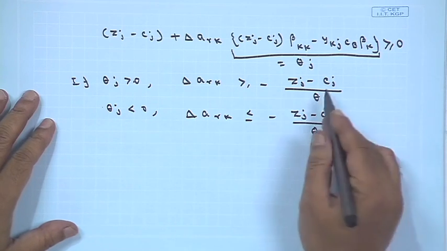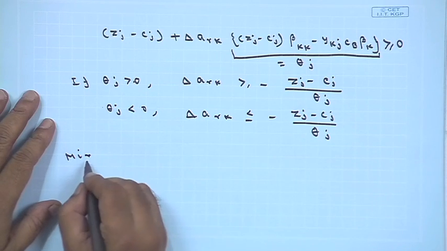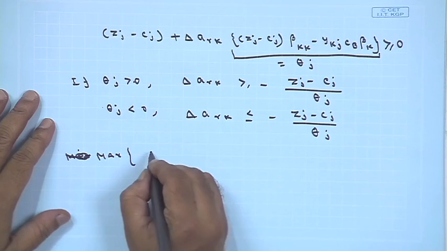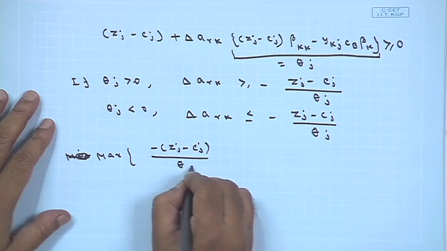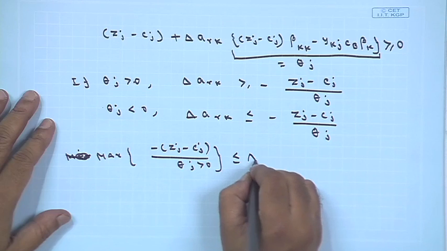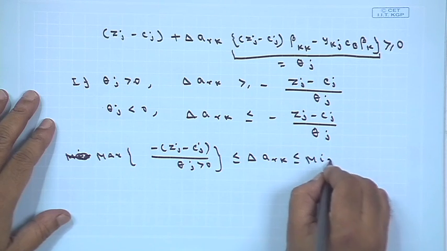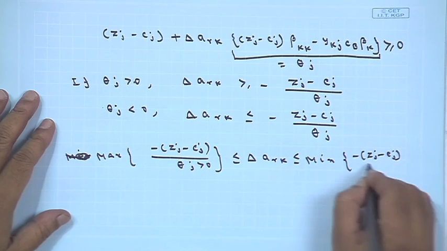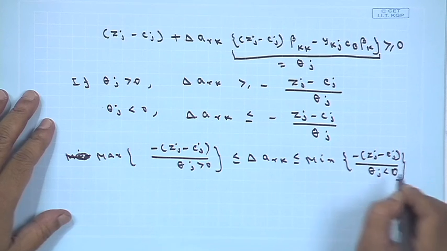So, if we combine these two, then we will obtain maximum of minus z j minus c j by theta j, where theta j is greater than 0, less than equals delta a r k less than equals minimum of minus z j minus c j by theta j, where theta j has to be less than 0.